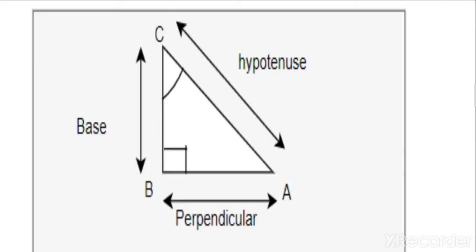You have a right angle triangle figure in front of you, in which angle B is 90 degrees. Now many students have a confusion: in a right angle triangle, how will we identify the hypotenuse, base and perpendicular?